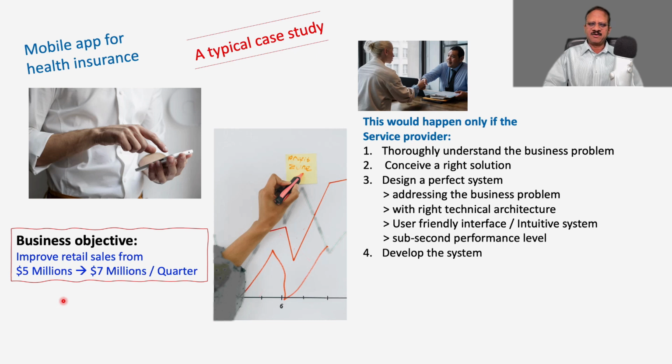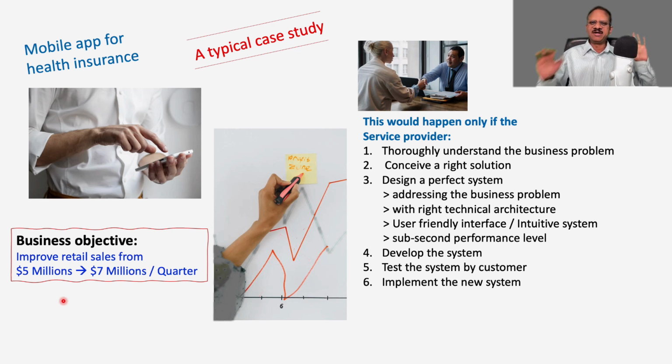Then you develop the system, do all the software development, and test the system by yourself as well as with the customer thoroughly. Finally you implement the system. At this stage, the customer would pay the complete amount to you as a service provider, and you leave the final implementation to the customer, and your role is over. This is the typical way.